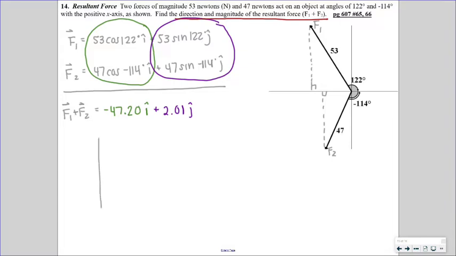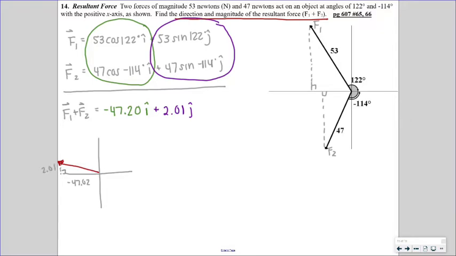So if I were to graph F1 plus F2 here, negative 47.2 and then 2.01, that is something really close to the x-axis going in the second quadrant. Obviously this isn't quite to scale. This is negative 47.02, and that is the 2.01, the height of that triangle.